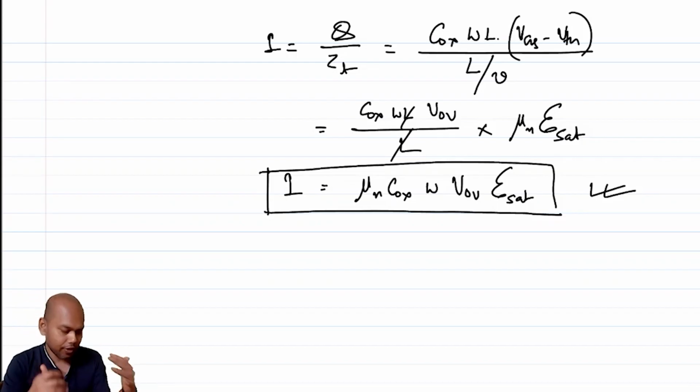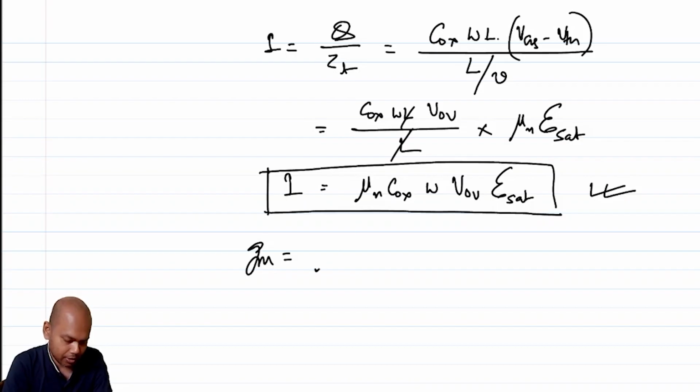Okay. So if you fall in this category, then what is GM? GM is essentially dou I dou VGS, which means GM is mu n Cox W times E sat. And then what is omega T?